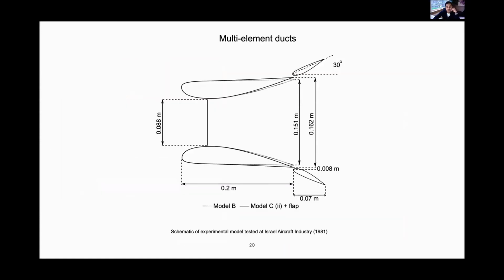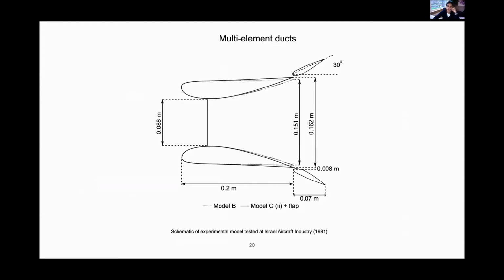We also extended our study to trying out the multi-element ducts. There was an experiment conducted by Professor Igra at the Israel Aircraft Industry in 1981.